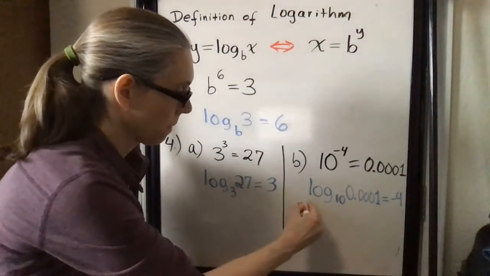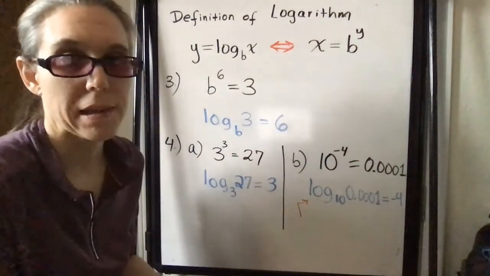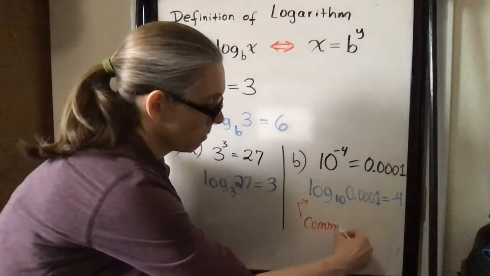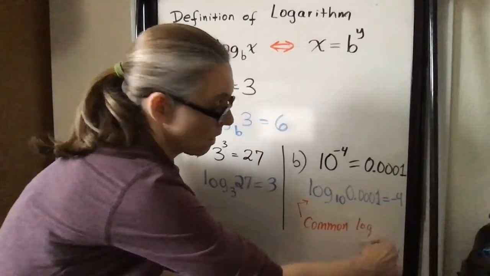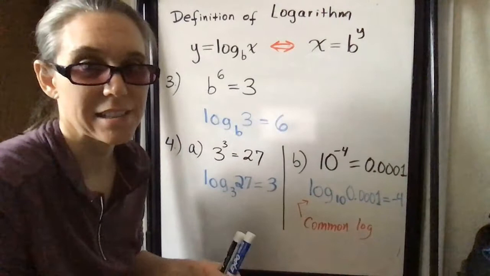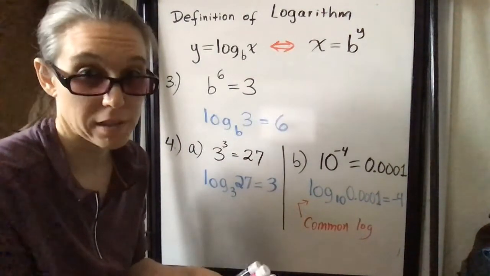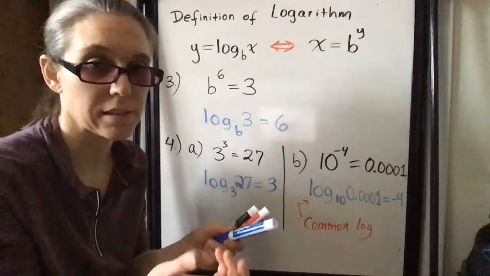FYI, the log with the base of 10 is called the common log. And the common log actually does not need to be written with its base. So if you ever see a log without a base, the assumed base is 10.